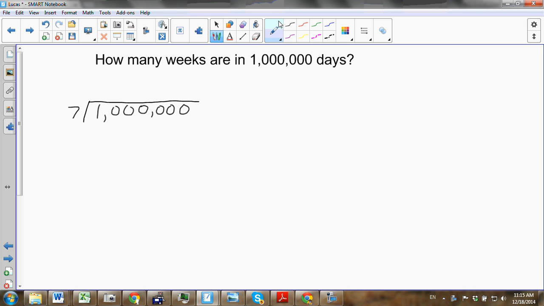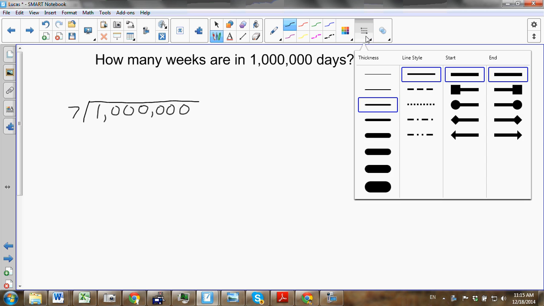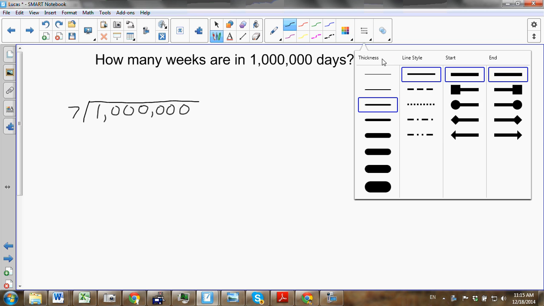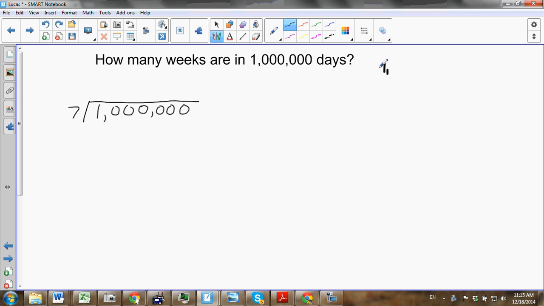It's basically, we're taking, I guess I could explain it real quickly this way. We're taking 1,000,000 days and we want to divide that by a week.